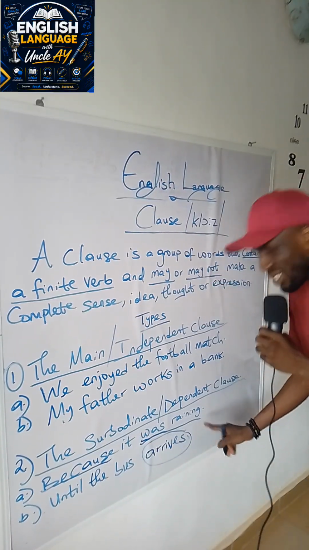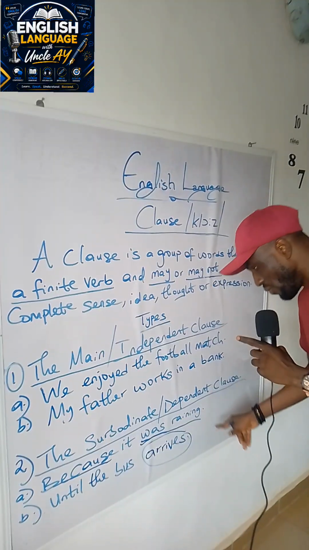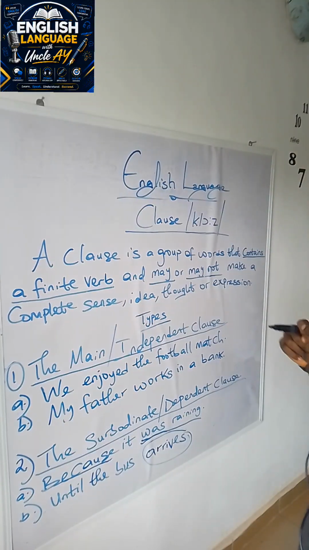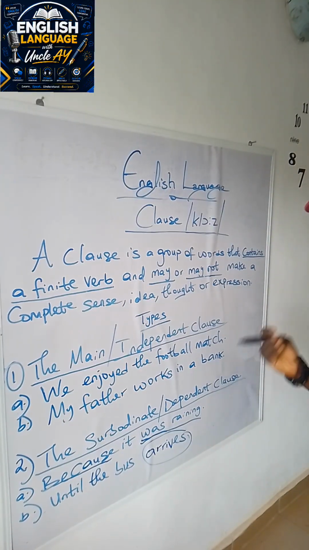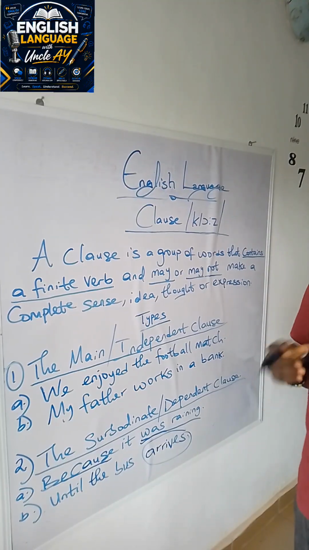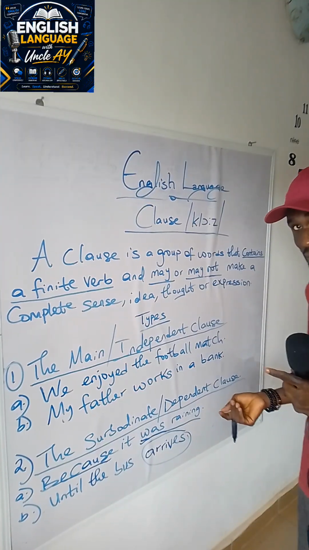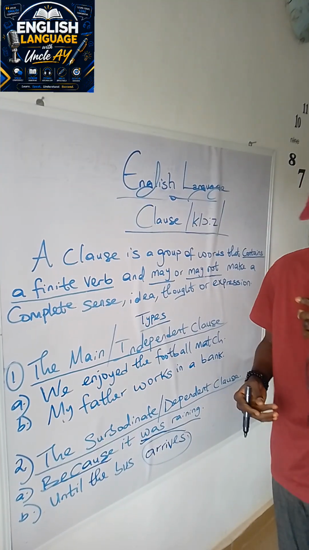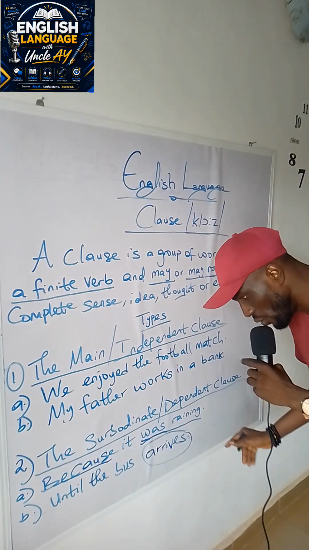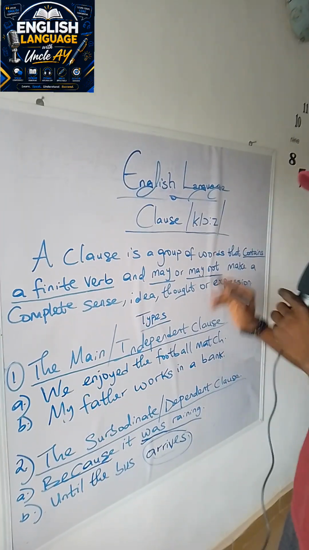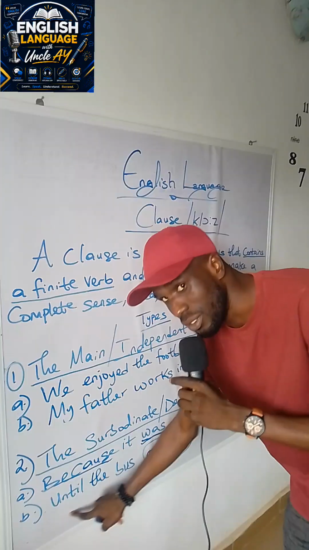Until the bus arrives, it can't just end there. There has to be more to it, whether before or after it. If someone tells it to you and stops, out of curiosity you want to ask, okay, what's more to it? Is there something else you want to tell me? But it stops here, it doesn't go further, but it possesses a finite verb. So it makes it a subordinate clause. And let's not forget what introduces it, until.